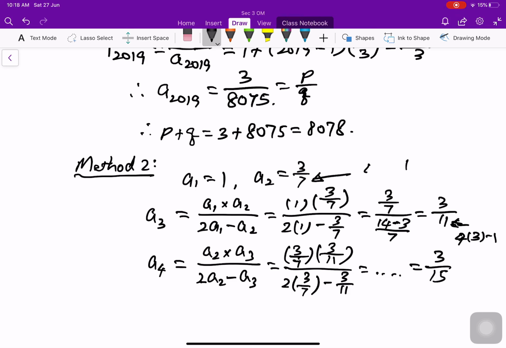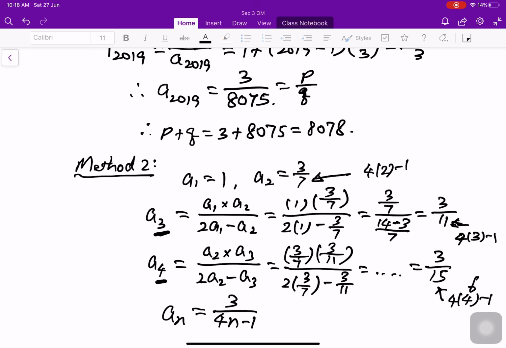I should use 4 times 2 minus 1. Then if you look at 15, 15 is 4 times 4 minus 1. Therefore, this is the n, which keeps changing according to the 4 here and the 3 here. Therefore, your an is actually 3 over 4n minus 1. Understand? You can observe this pattern.